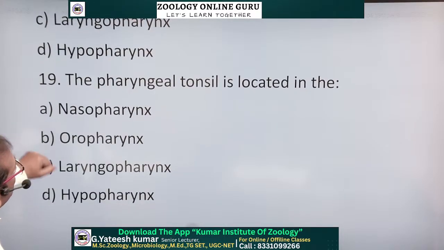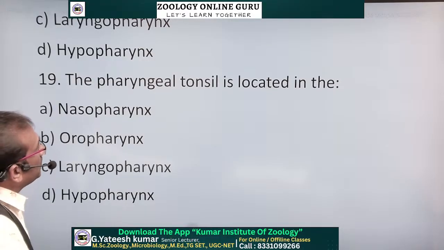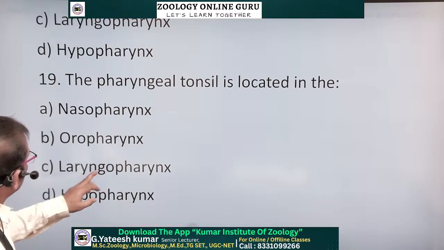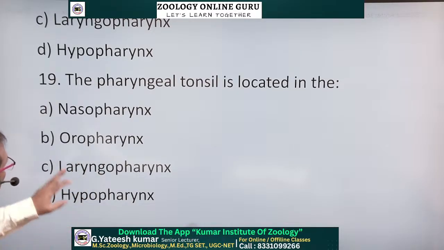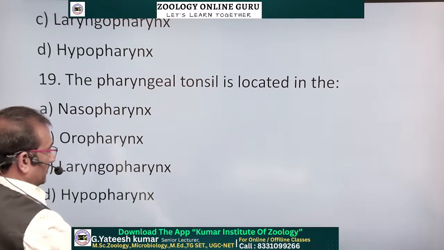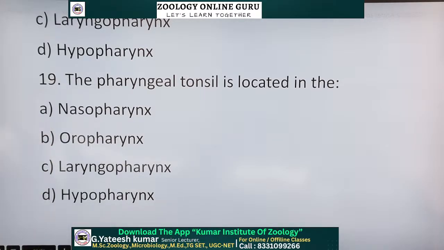The pharyngeal tonsils are located in the nasopharynx, oropharynx, laryngopharynx, or hypopharynx. Answer the question. Nasopharynx means near the nose, the upper region. Oro means exactly in the mouth, the oral cavity.